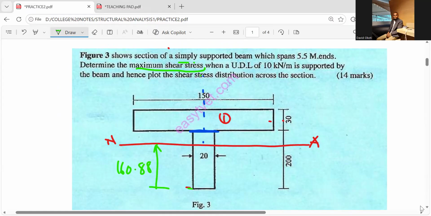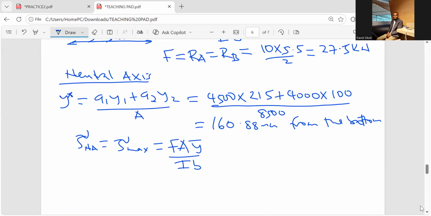So the component A y bar, I have to separate into part of web and the flange. So this A y bar will be equivalent to the sum of A y bar for flange plus A y bar of web.